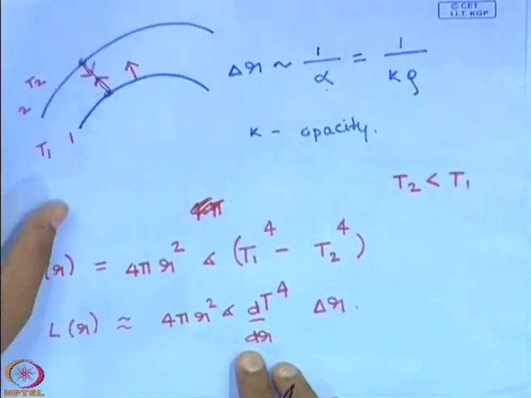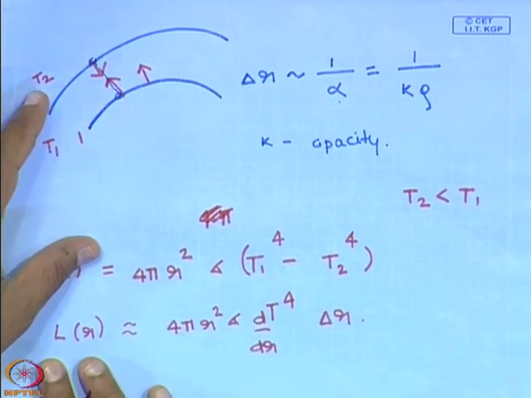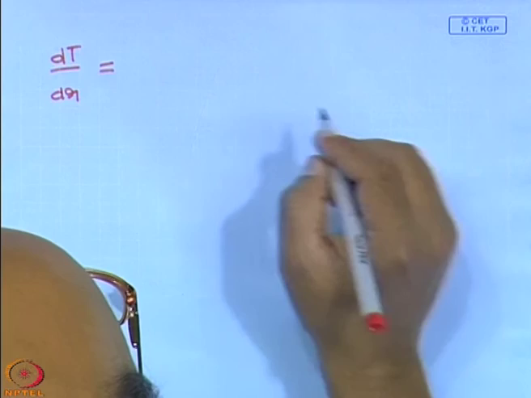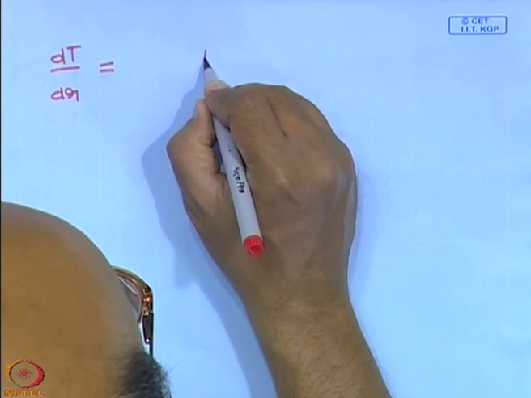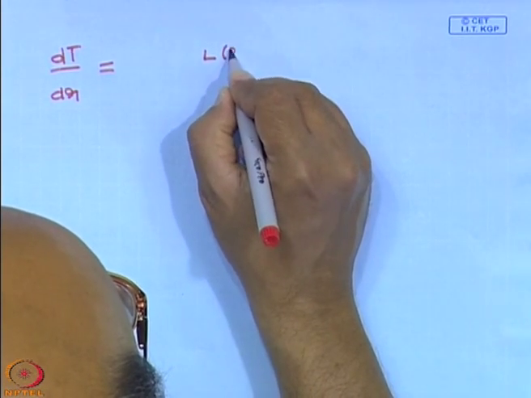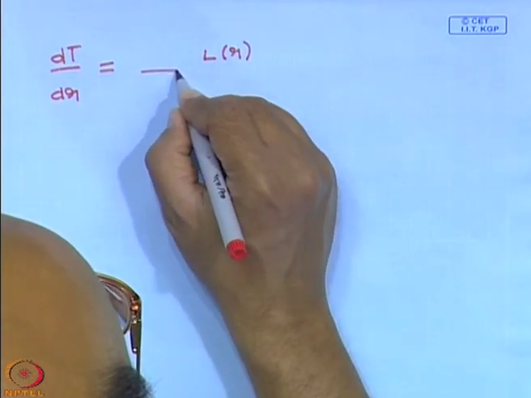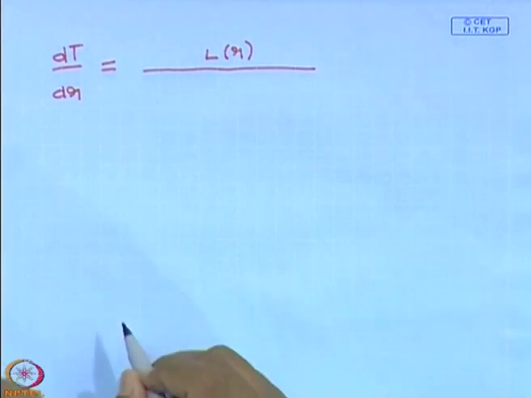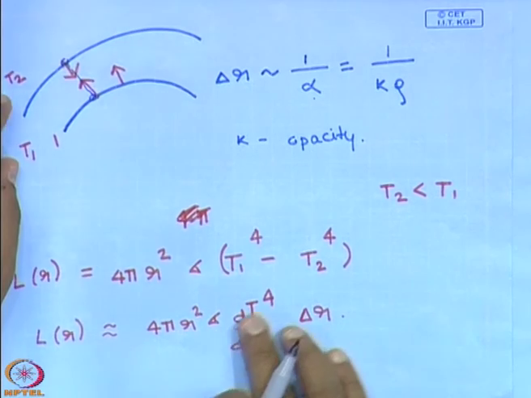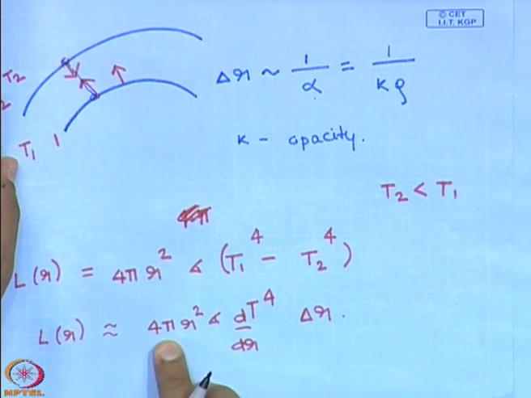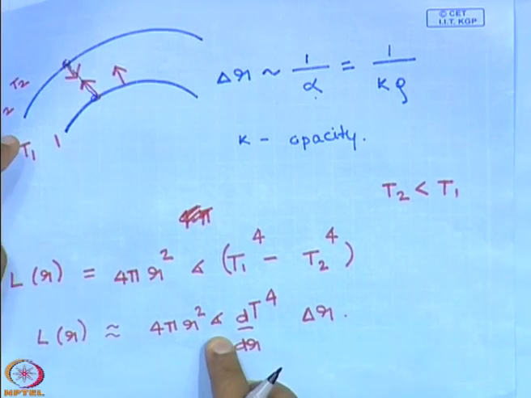So, what we are doing is we are differentiating this and then taking all the factors onto that side. So, this will be equal to the luminosity at that point divided by, I will get a factor of 4 when I differentiate this. So, I will have 16 pi r square, the Stefan-Boltzmann constant, T cube.